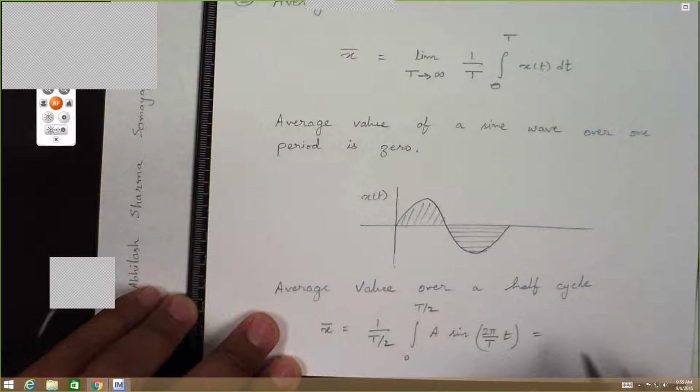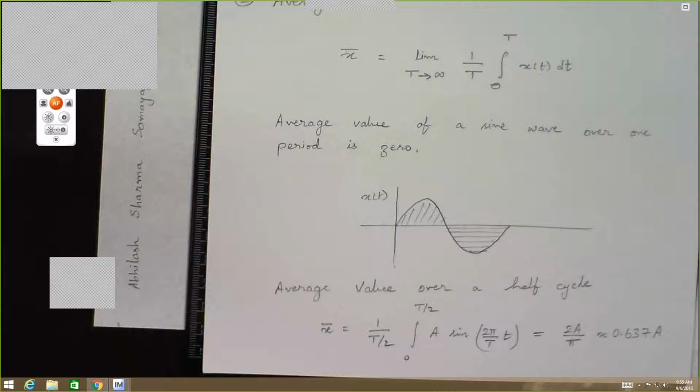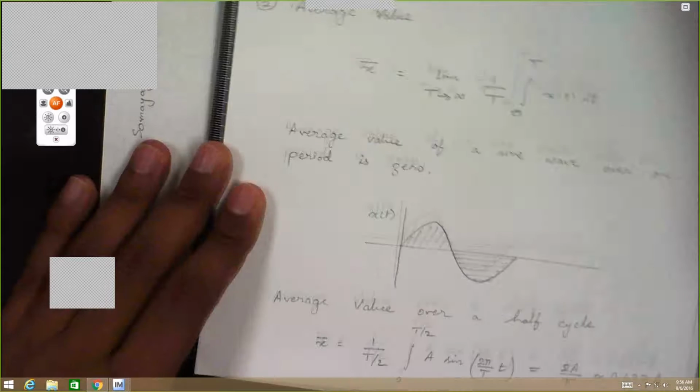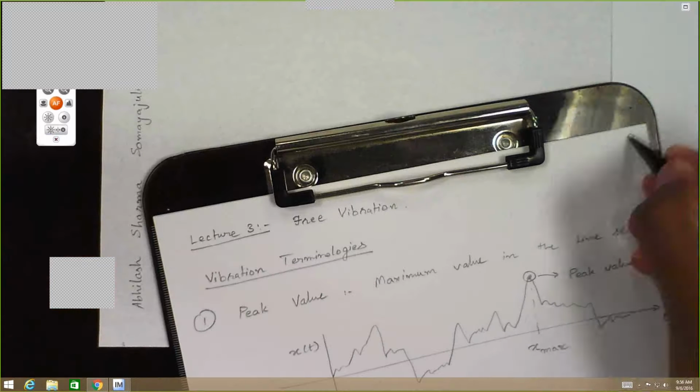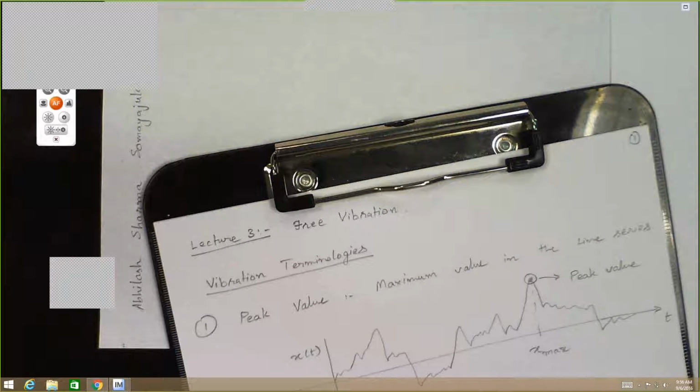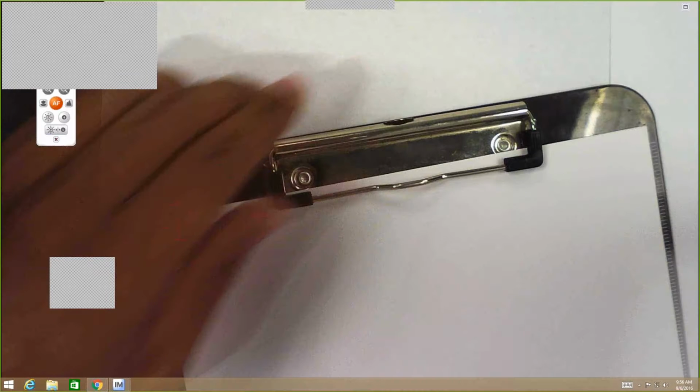And you can evaluate this integral and it will come out to be 2a over pi. Or approximately that's 0.637 times a. So the average value of a sine harmonic signal over a half cycle is not 0, but it is some constant value times the amplitude.